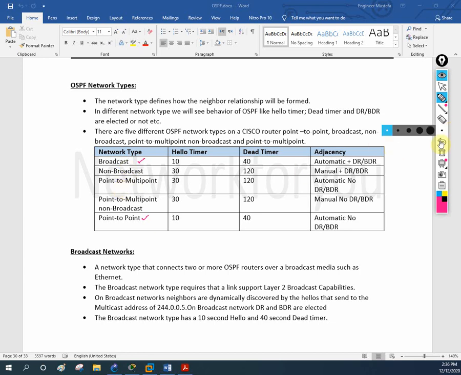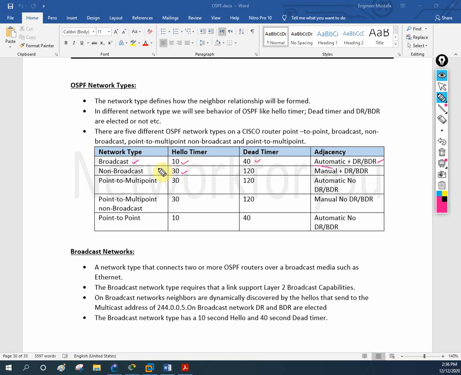So what are the differences for all of these? Let's discuss. If you see, we have broadcast. In the broadcast network, the hello timer is 10 seconds and the dead timer is 40 seconds. They will form the neighbor automatically, and they will also have the DR and BDR. In the non-broadcast network, the hello timer is 30 seconds. It jumps from 10 to 30.